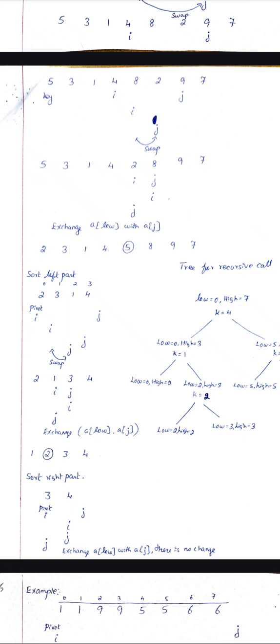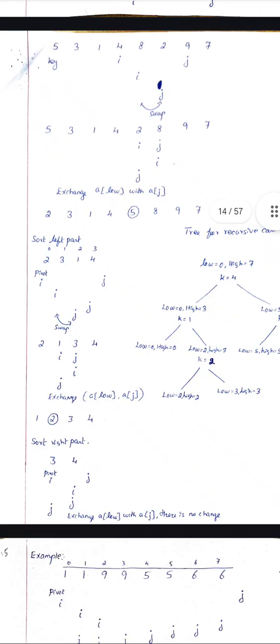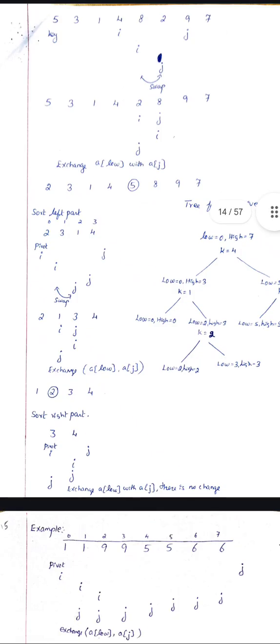Now we will be swapping 8 and 2. i is 2, j is that. Exchange A of low with A of j because i equals j.